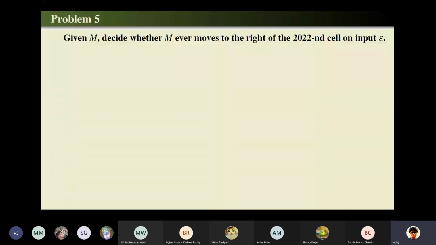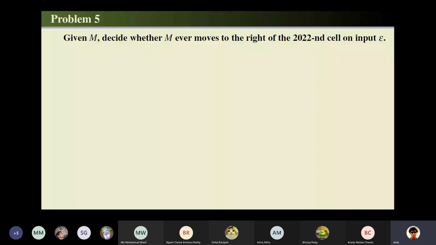So something like that we have to consider in order to detect a looping pattern. Simulate M on epsilon for some number of steps, and by a clever mathematical calculation you figure out that if this condition is not true, then the machine has entered a loop.